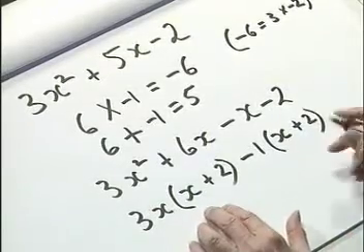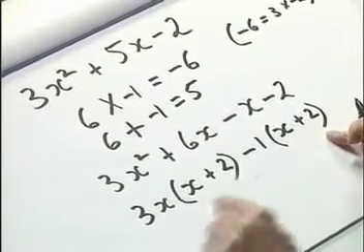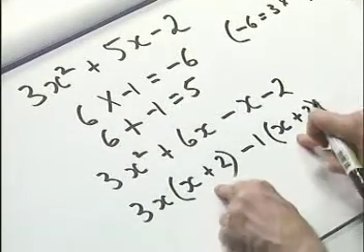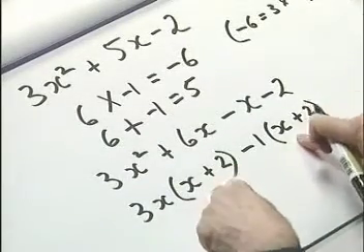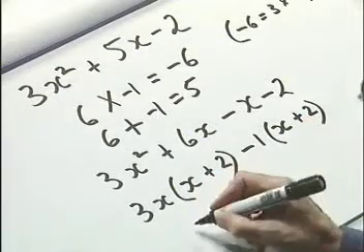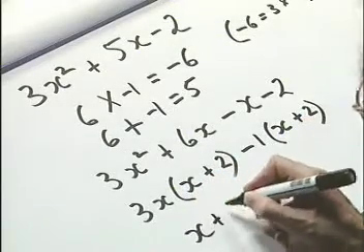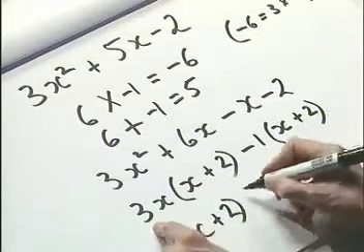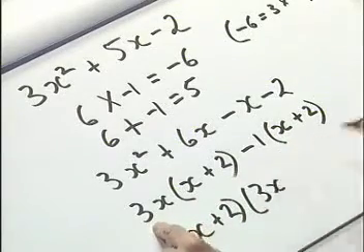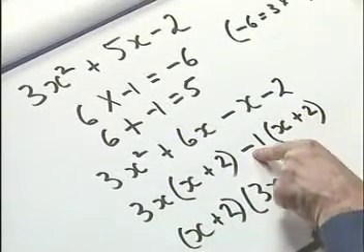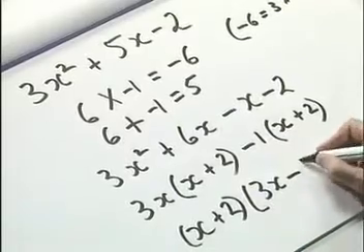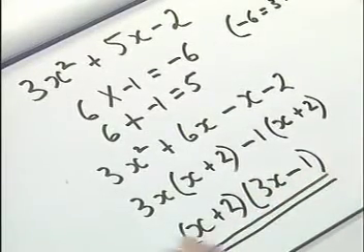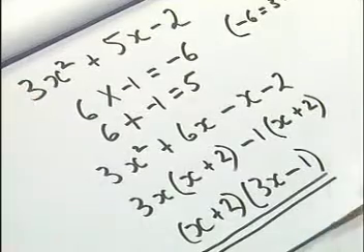So now I've got these two lumps of algebra again, and each lump has the same factor in it, this common factor of x plus 2. So I'll take that one out, x plus 2. And I've got x plus 2 multiplying 3x, and x plus 2 multiplying minus 1. And so there's the factorisation of the expression that we began with.